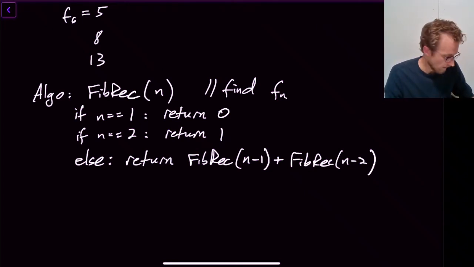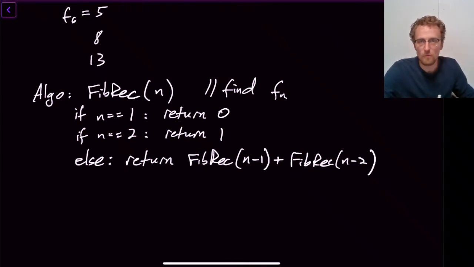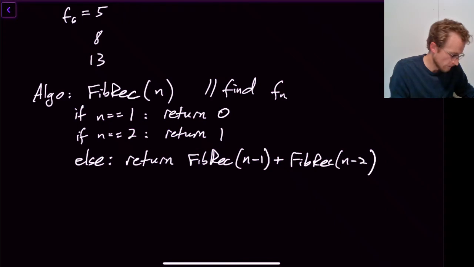To be able to identify the answer. And since all we're doing is subtracting 1 or 2 at each recursion, as long as someone passes in an integer, we're guaranteed to land on either 1 or 2, right? As long as n is an integer greater than 1, this algorithm is going to be guaranteed to terminate.